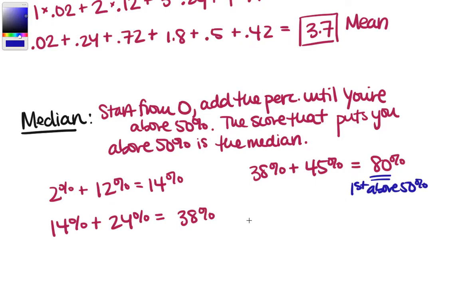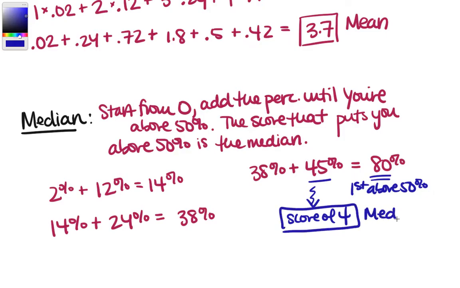So if we were listing out our scores, we'd have 1s, 2s, 3s, and then while we were listing 4s, we would pass the halfway point of that data. So 45% went with the score of 4. So 4 is our median.